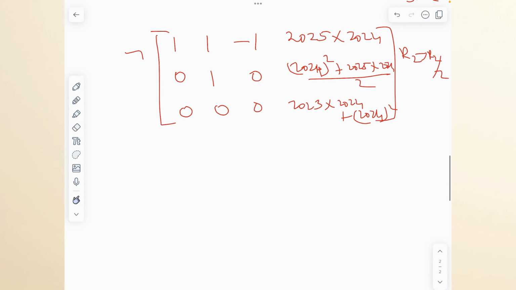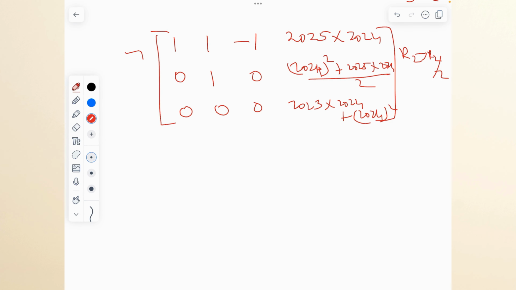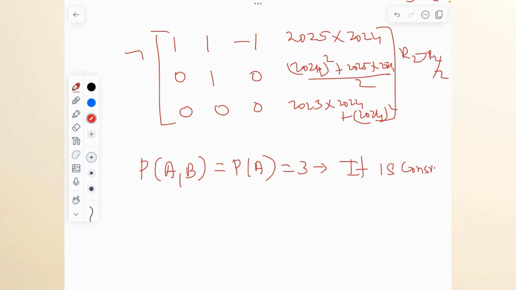Next, you should know the matrix condition. If rank of A comma B is equal to rank of A, which is equal to 3, it is consistent and has a unique solution.